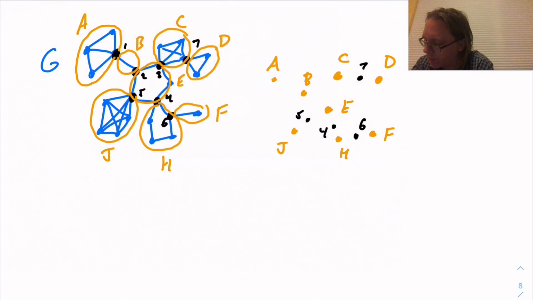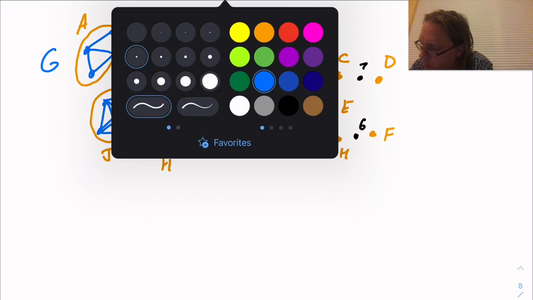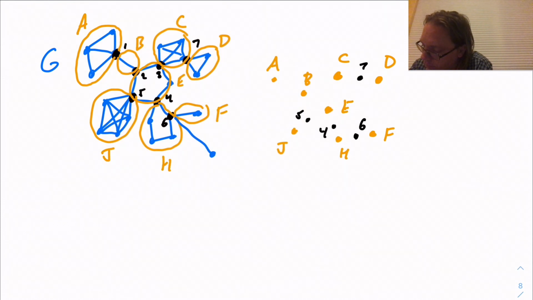Let me add one more thing to my picture just to add a little bit of extra complexity here. I'm going to add one more edge coming off here, and that's going to give me one extra component, one extra block. This will be the block K. Okay, 5, 2, 3.